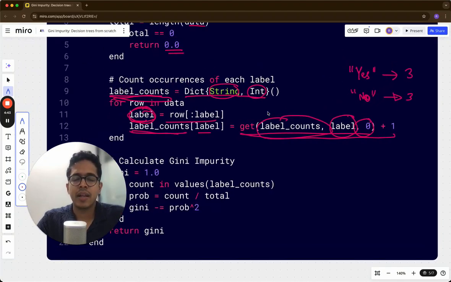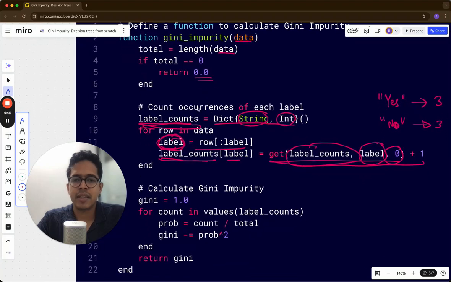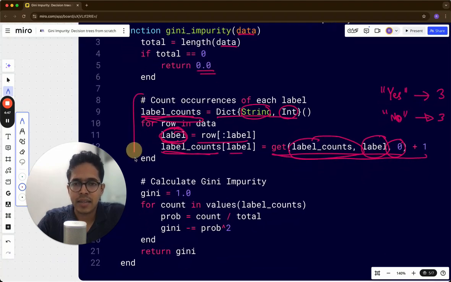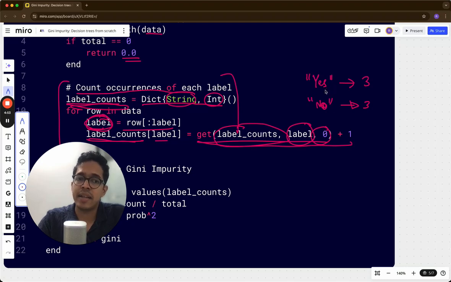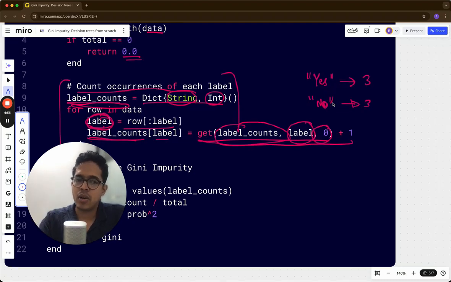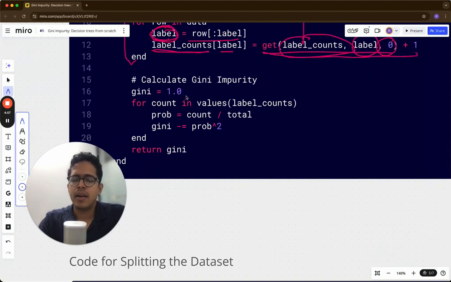So finally, this Gini impurity function has this part of the code, which counts the number of occurrences of each label. It counts that the label called yes is occurring 3 times and the label called no is also occurring 3 times. Then let's come to calculating the Gini impurity.